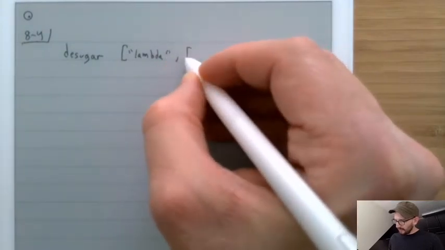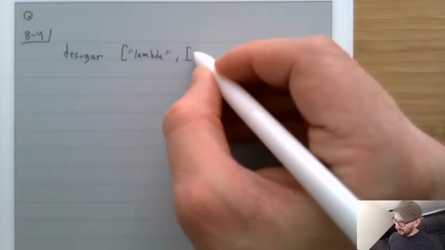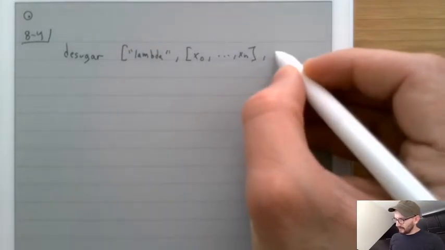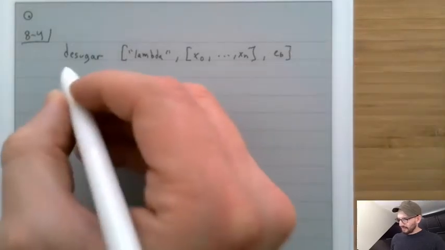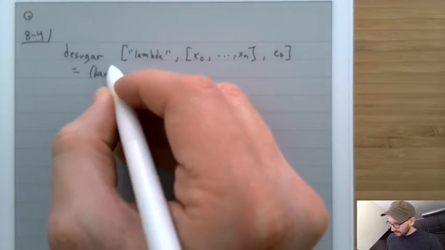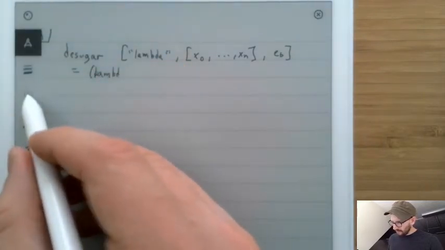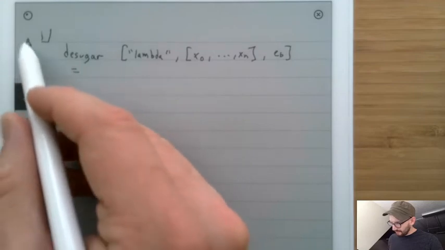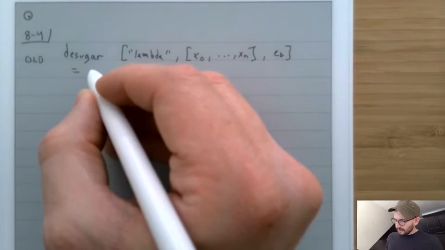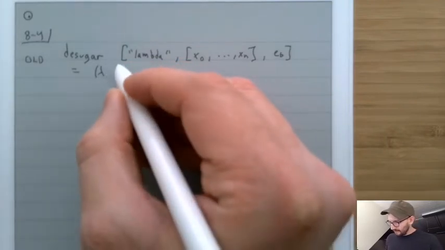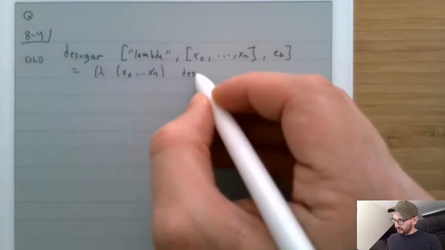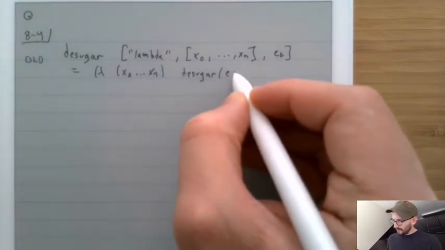and then a list of variables, x0 through xn, and then some body expression, you're going to turn that into an actual lambda. And I'll use the symbol lambda. This is your old rule. Your old rule is going to go to lambda x0 through xn, desugar eb.